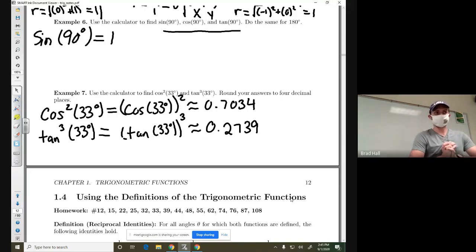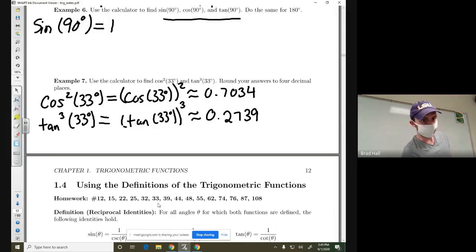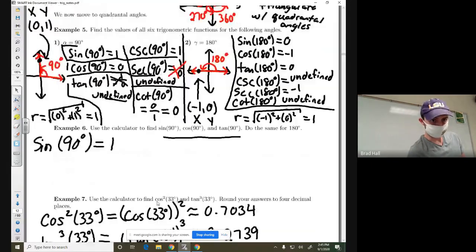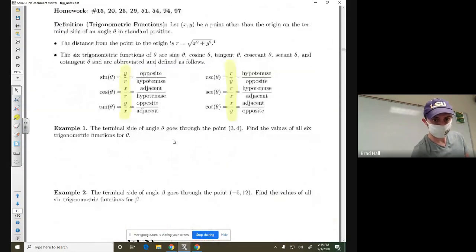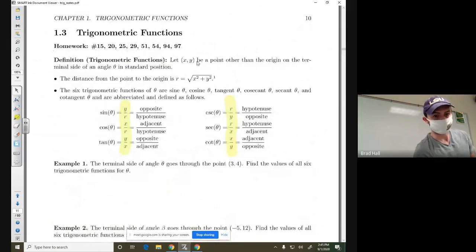So we're going to learn some characteristics about these trig functions. For the homework of 1.3, just since we just finished up this section, I was thinking about having this one and the following section due Friday. Well, actually, we don't meet on Friday. Yeah, that's going to be kind of lousy. Some of you like turning it in person.